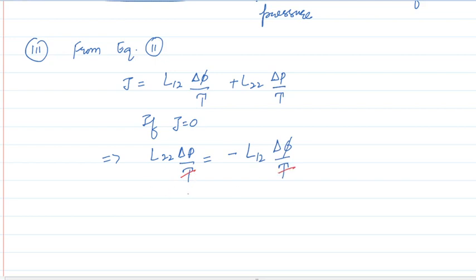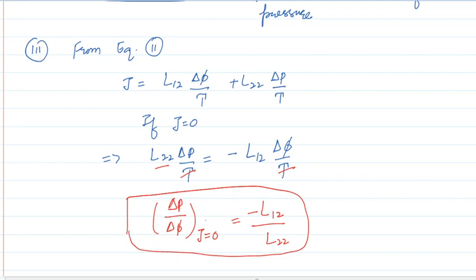So we have a simple relation: delta P upon delta phi, with the condition J equal to 0, will be equal to negative of L12 upon L22. So this is equation 14.